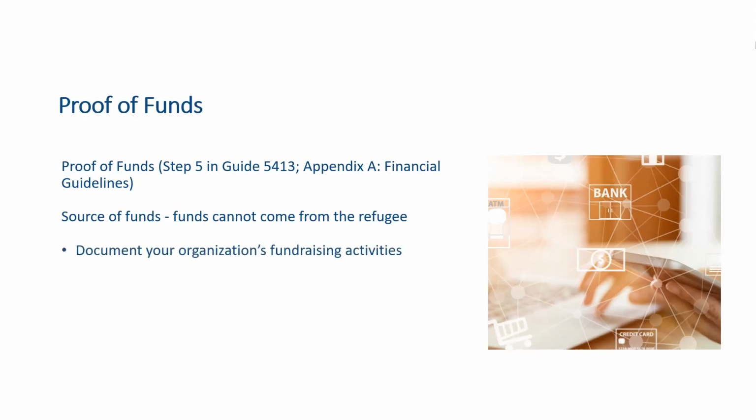Some of the things that you can do to ensure that the funds aren't coming from the refugees, either directly or indirectly, and that will also help you when you're demonstrating proof of funds with each of your sponsorship applications that you submit to RCO, is to document your organization's fundraising activities, if you engage in fundraising activities.